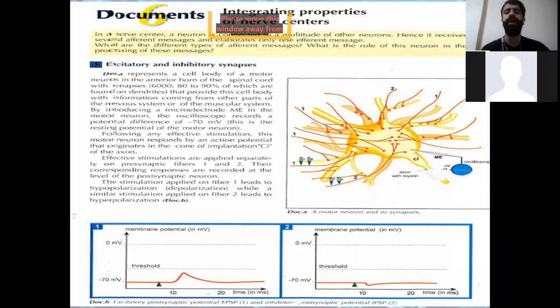Let's now talk about excitatory and inhibitory synapses. Document A, this is document A. Document A represents the cell body of a motor neuron in the anterior horn of the spinal cord with synapses, about 50,000, 80 to 90% of which are found on dendrites.